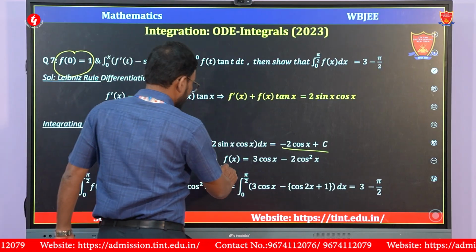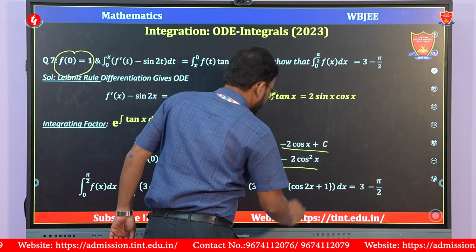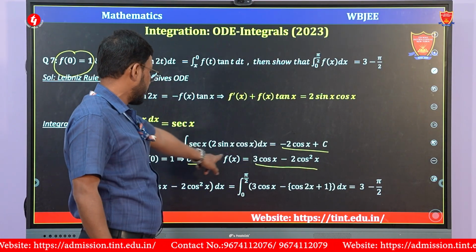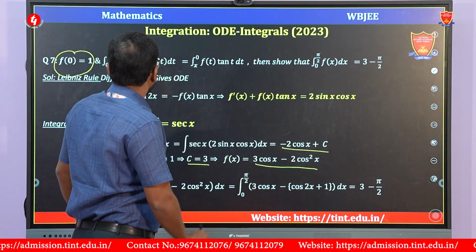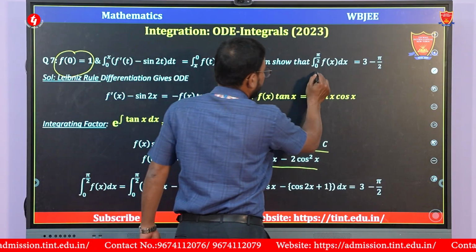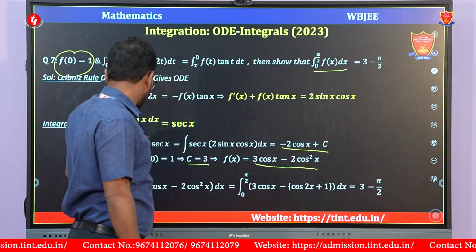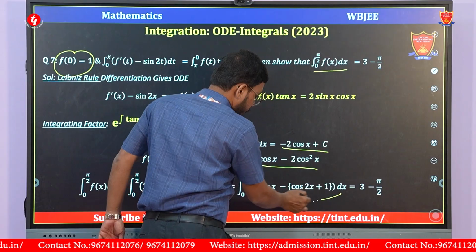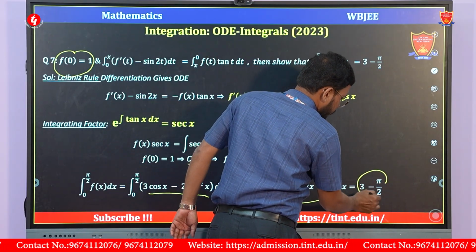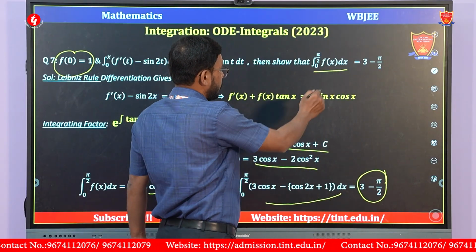So your f of x function is 3 cos x minus 2 cos square x, divided by sec x. So f of x you find out. As per your given problem, the integral from 0 to pi by 2 of f of x dx, just put the function, after integration put the limit, you get 3 minus pi by 2. This is your result.